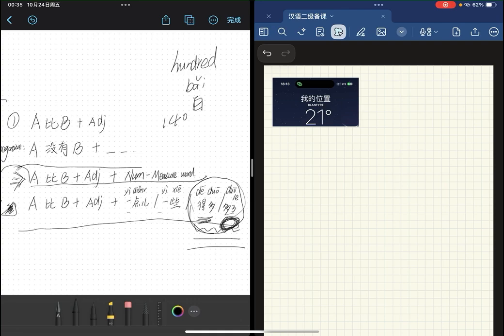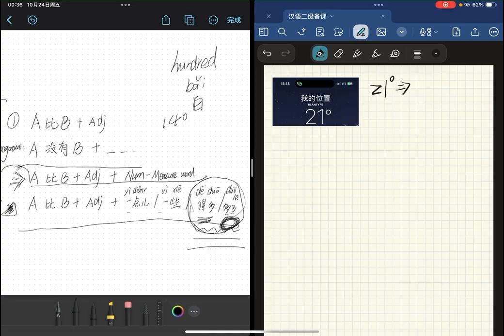Today Blantyre's temperature is 21 degrees. For temperature, we use the measure word 度. So 21度. This is today, 今天. 今天21度.